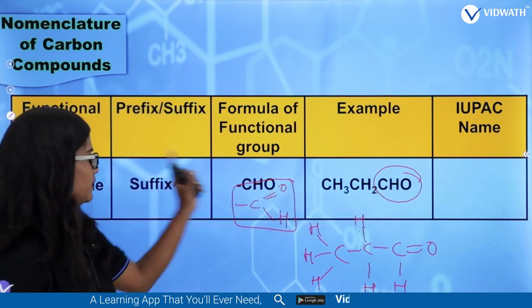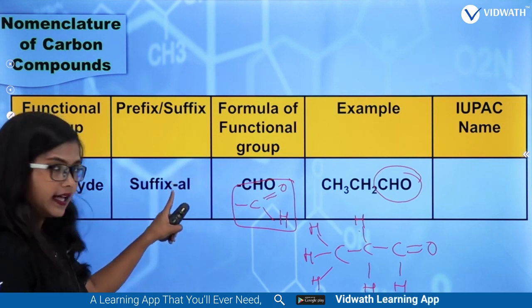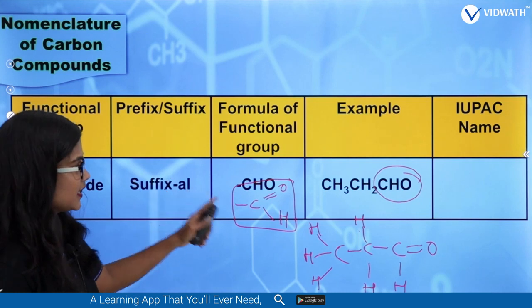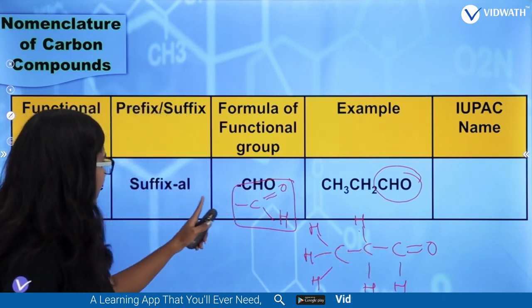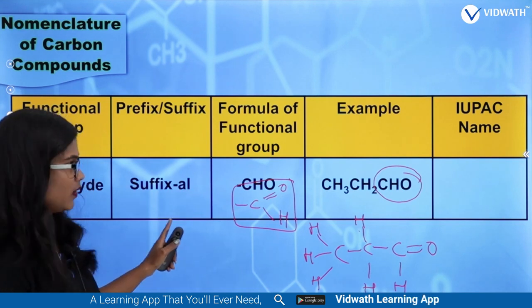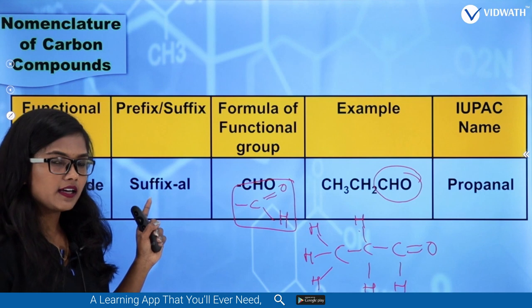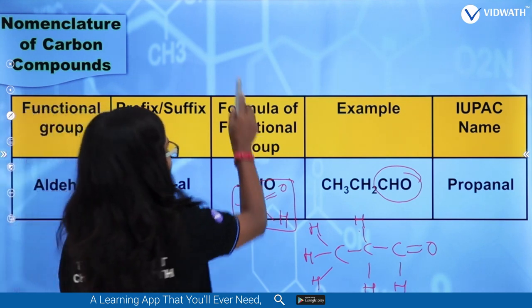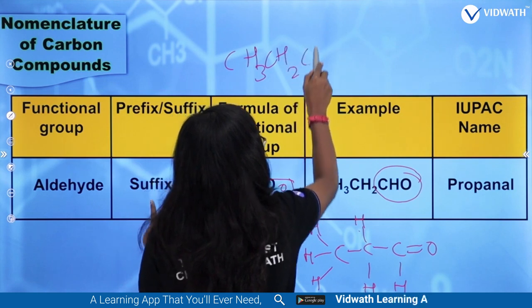If it is an aldehyde group, we term it with the suffix "al". So with 3 carbon, propane, and the aldehyde group, that is "al". So what is the name of that? Propanal. Clear? Similarly, you can write butanal also. Suppose we have CH3, CH2, CH2, CHO.